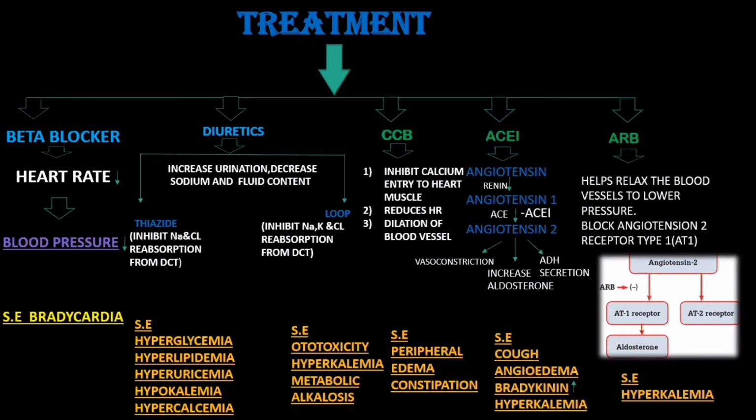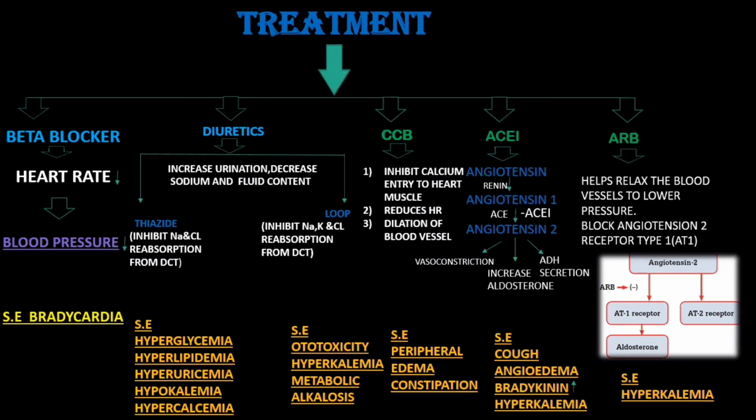First of all, beta blockers. They can lead to bradycardia. The side effects of thiazides include hyperglycemia, hyperlipidemia, hypokalemia, and hypercalcemia. The side effects of loop diuretics are ototoxicity, hyperkalemia, and metabolic alkalosis.